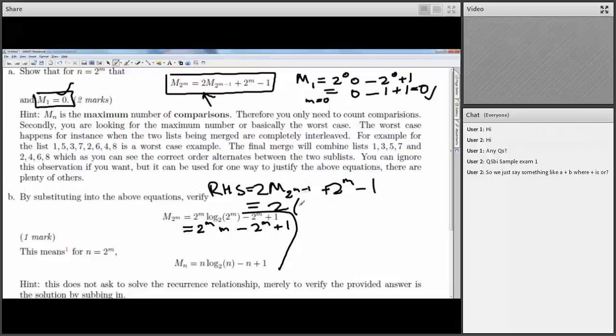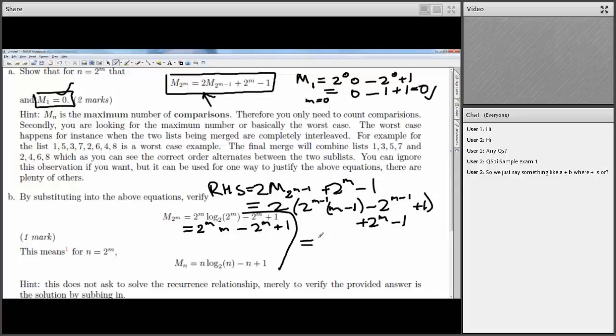So it'll be 2 to the m minus 1 times by m minus 1 minus 2 to the m minus 1 plus 1. So just plugging it all in, that's what I mean by substituting, and then plus 2 to the m minus 1.